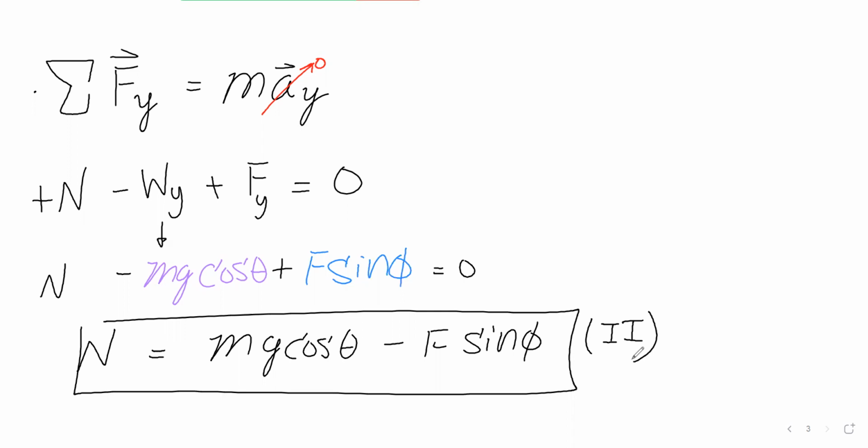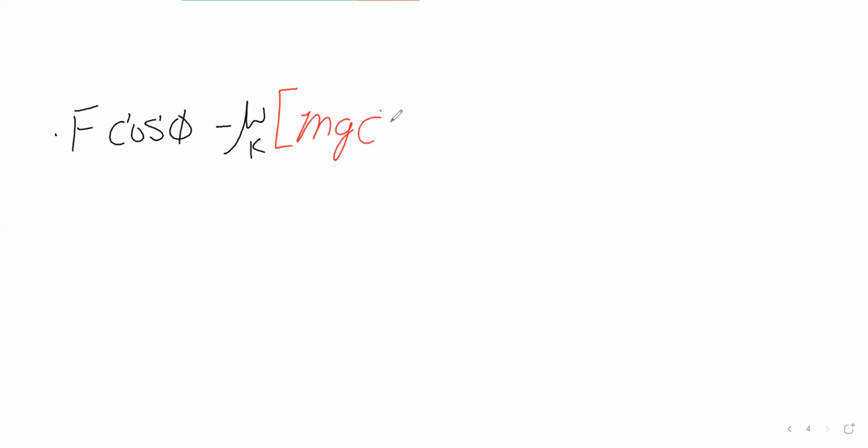Perfect. So here's the pattern: we isolate n, we want to derive our own equation for n. Then we substitute this expression in place of n in equation 1. So if we go back to equation 1, it said we had F cosine phi minus mu times normal force, but I'm replacing normal force with the expression mg cosine theta minus F sine phi.